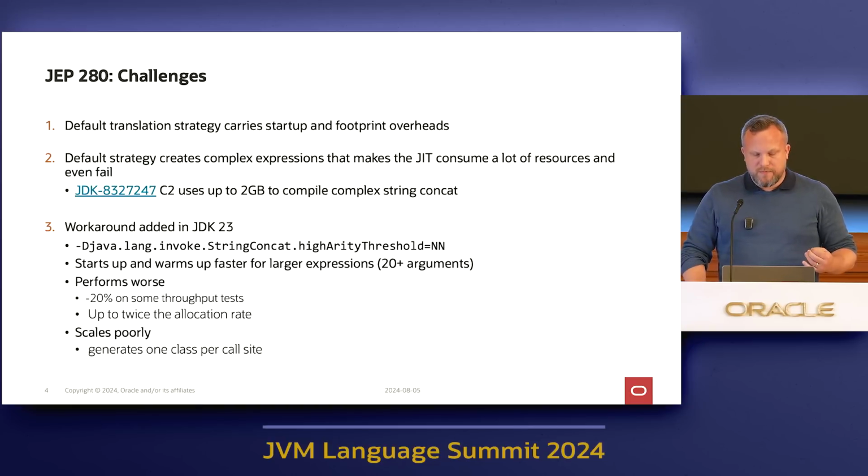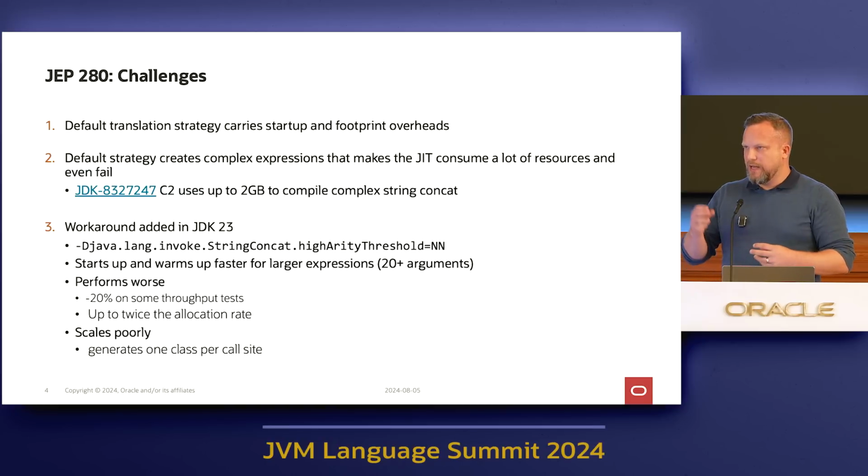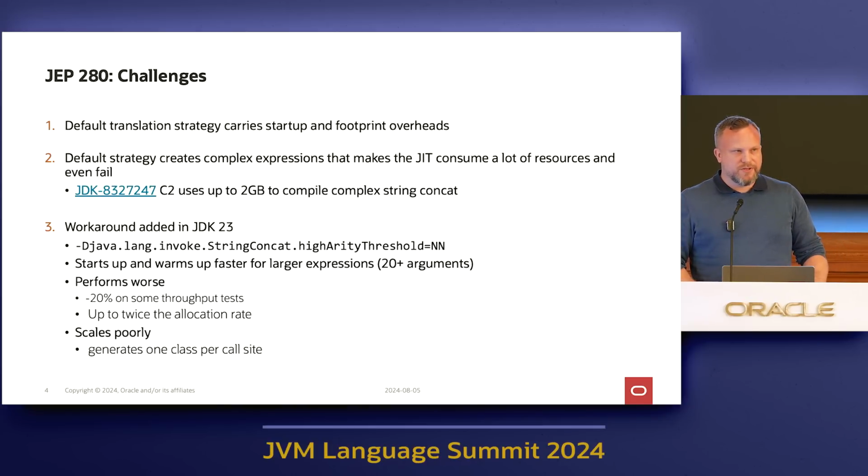But the workaround, while having certain benefits, starts up faster and warms up faster. For an individual concatenation expression, it usually performs worse, and it scales poorly on large applications, since you will have one class generated per string concatenation expression in your entire code base. So if you have 10,000 string concatenations, you will get an extra overhead of 10,000 classes.